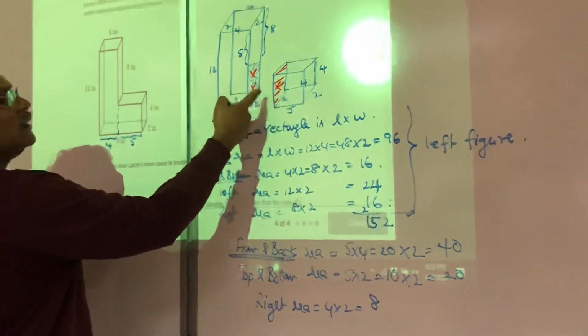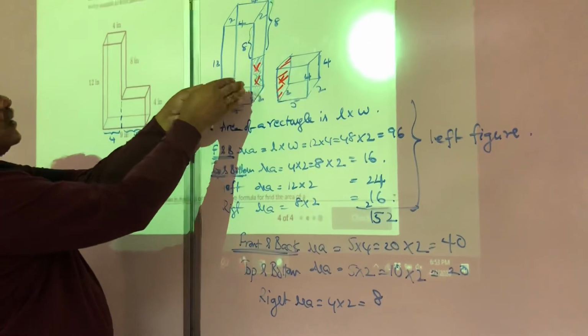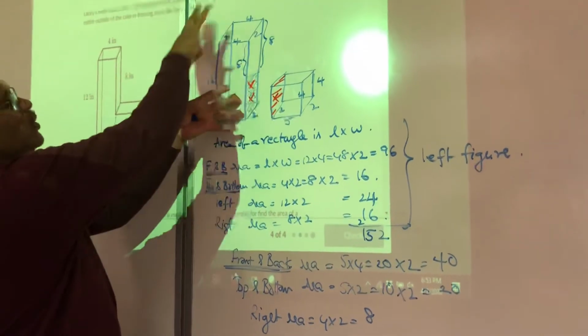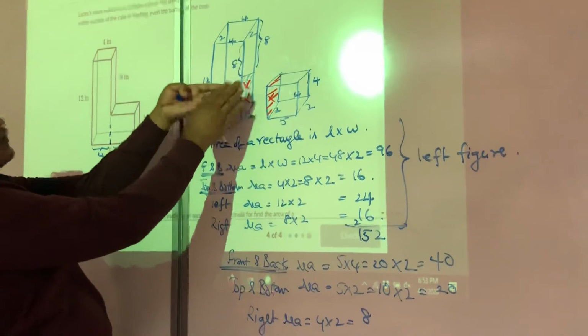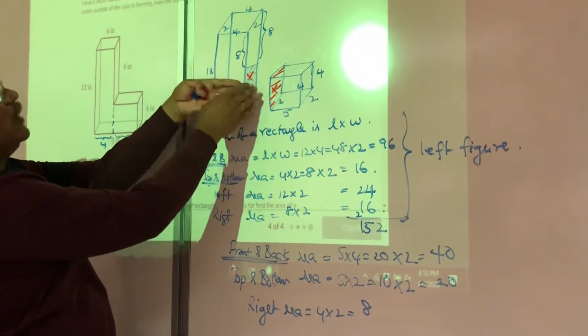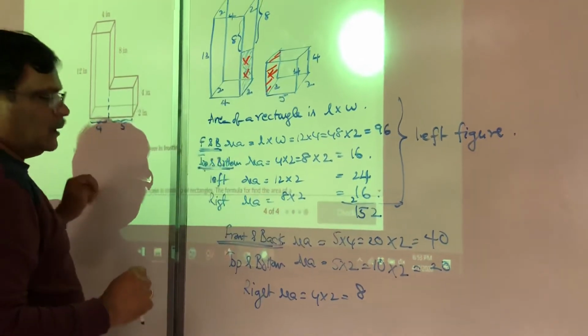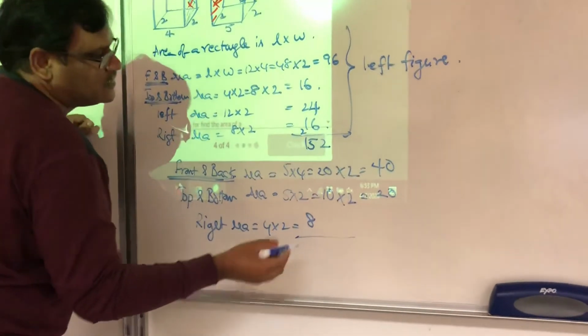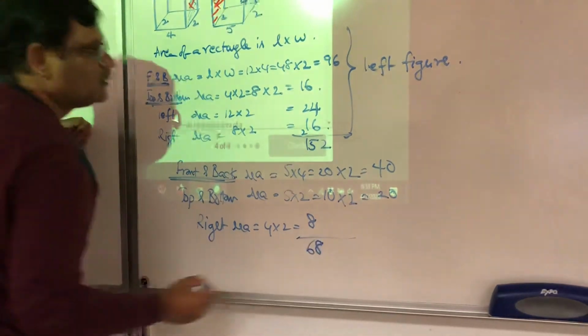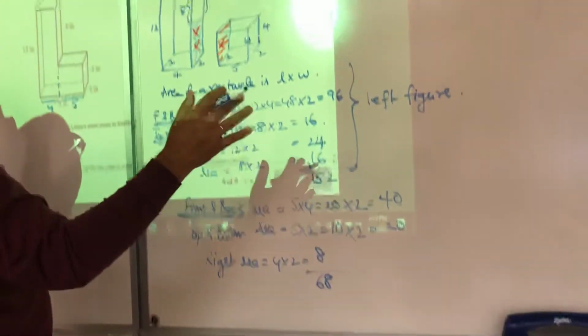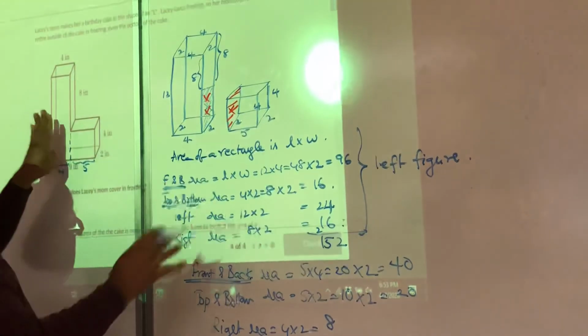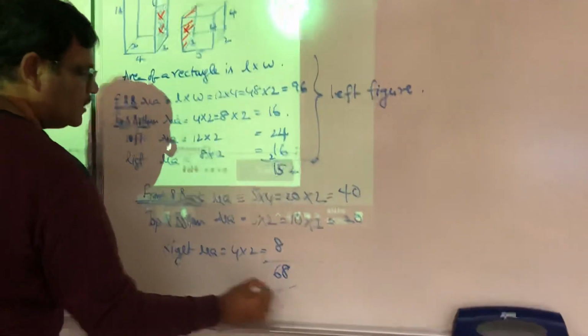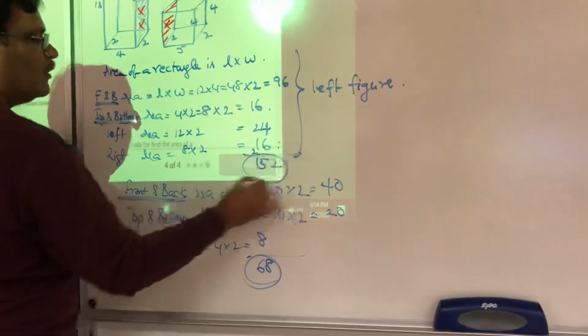We're not going to calculate the left one, because when you attach them, the frosting is going to be on the top of the cake, so these two portions will be joining. So we're not going to put any frosting over here, right? So let me add these all. 40 plus 20, 60, 60 plus 8 is 68. And now I want the total surface area of this L shape, so I'm going to join the 68 with this 152.